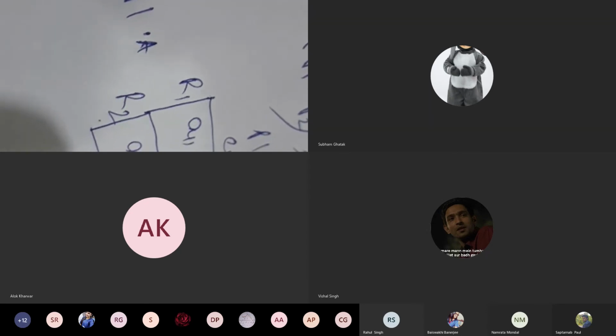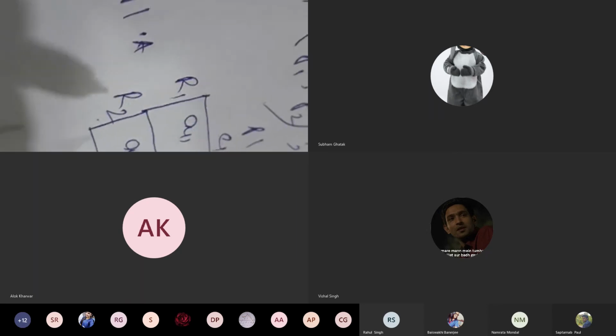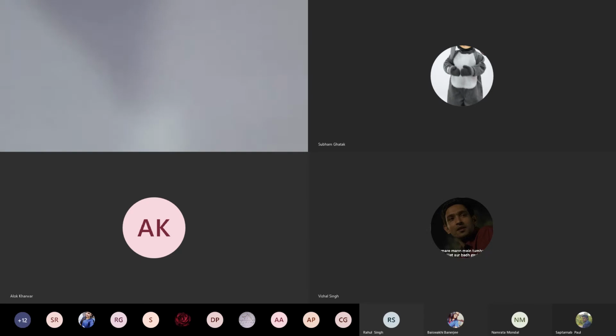Now, as we assume player A wins and player B loses, player A wants to maximize his gain and player B wants to minimize his loss.